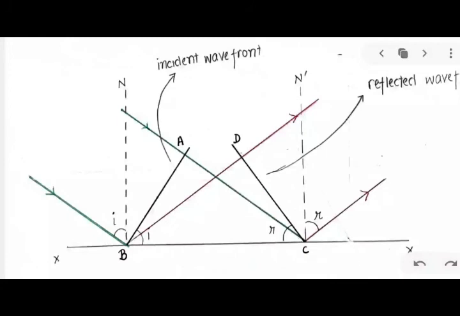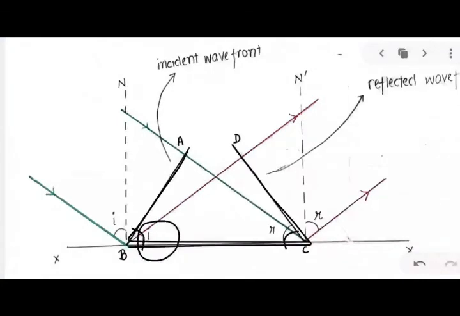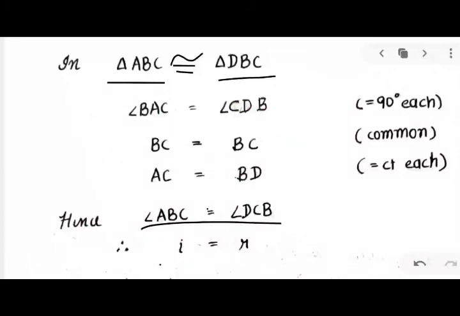So this angle is my i and this angle is my r. Therefore i equals r, angle of incidence equals angle of reflection. Therefore we have proved the first law of reflection.